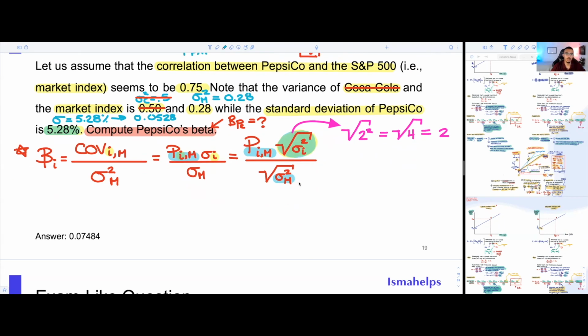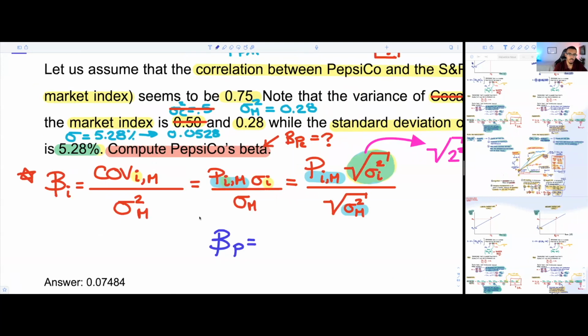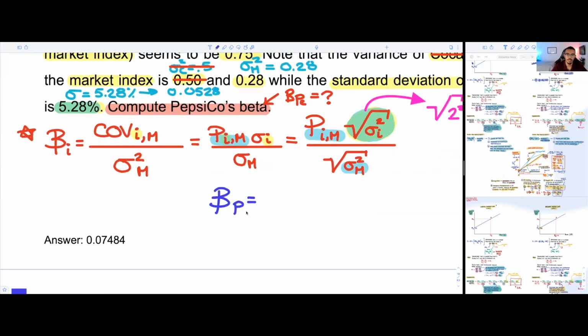All right. So if we were to stop talking about proofs and plug this in, we would get that the beta of our PepsiCo would look something like this.